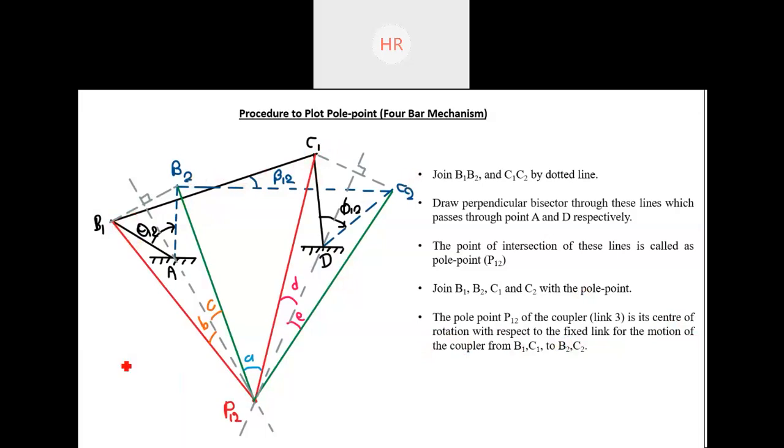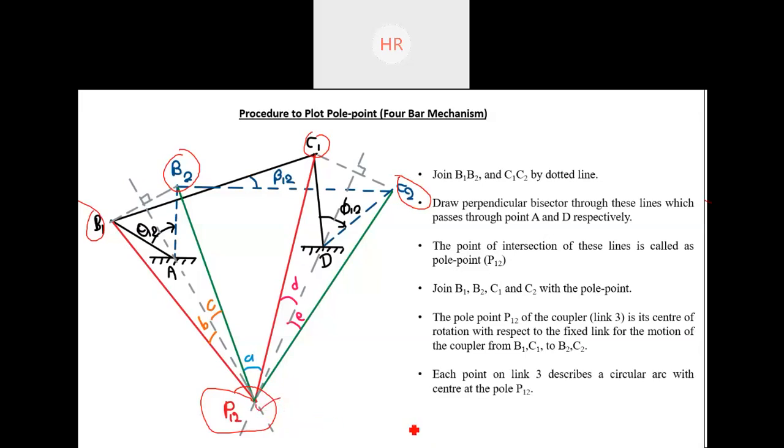Meaning to say, this will act as a center for link B1 C1. When this link achieves the position B2 C2 from position B1 C1, it has to rotate about this center P12. That is why it is called pole.